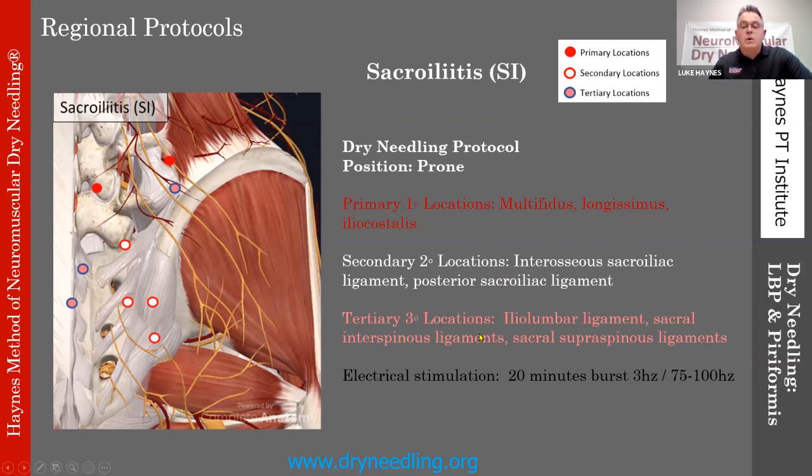And then tertiary, we're going to look at the iliolumbar ligament up higher, the sacral interspinous ligaments, and the sacral supraspinous ligaments. Together, that's my layered approach to sacroiliitis. Obviously, any sort of manual therapy of the SI joint would be appropriate. I'd never advocate that dry needling is the only treatment approach, but this is a nice place to get that acute inflammation down and under control.